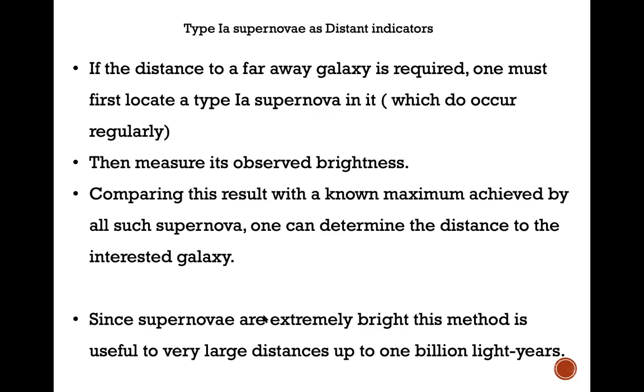Now remember that during this course we have learned different methods to measure distances. The number one that we learned is the parallax method. In that way we were able to measure the distances to nearby stars, right? And then we talked about some other methods to measure distances.